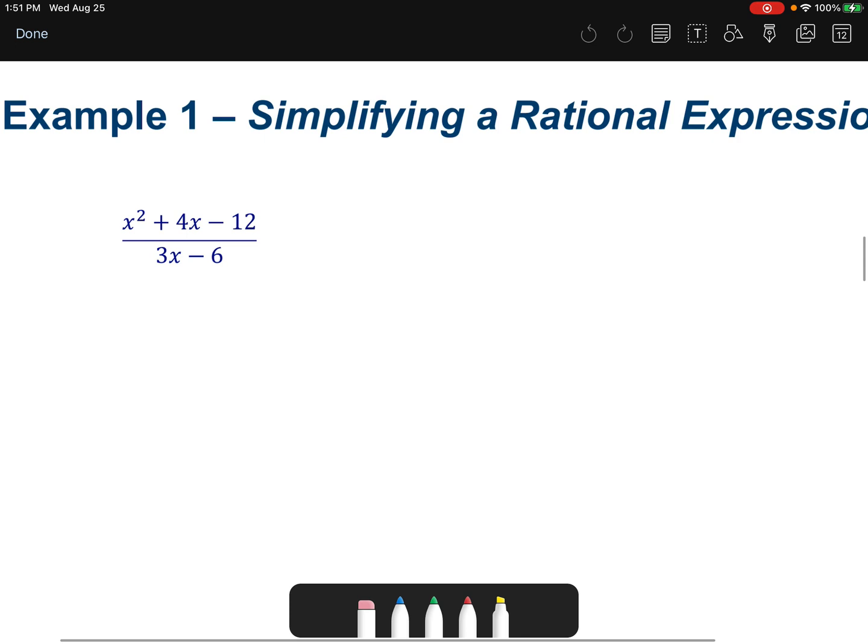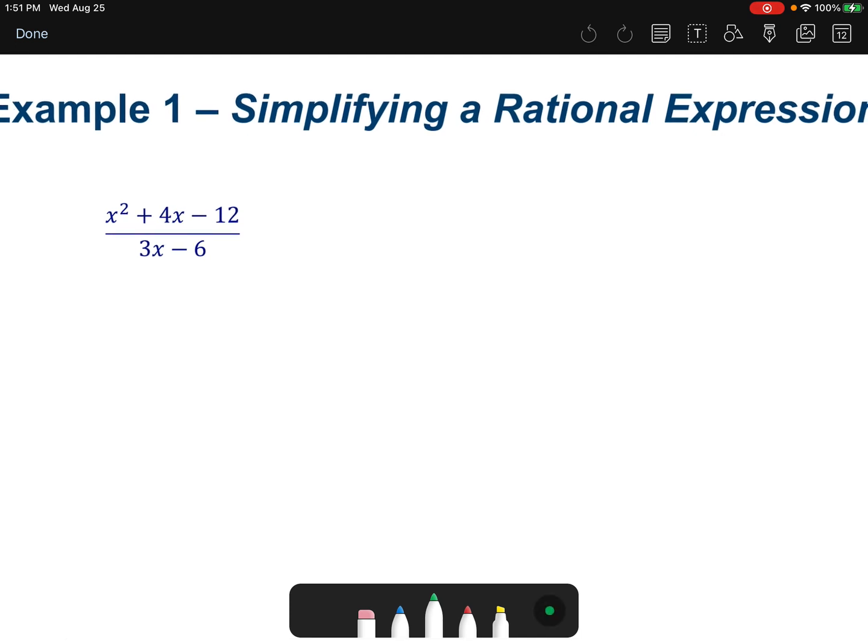So this first one, simplifying this, well, obviously the denominator is going to be a GCF, and the numerator would simply be a double bubble problem here. This sign tells us negative, positive.